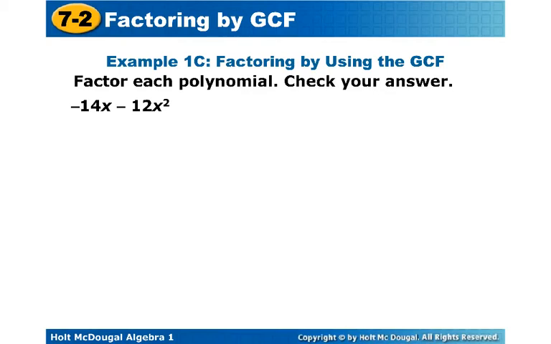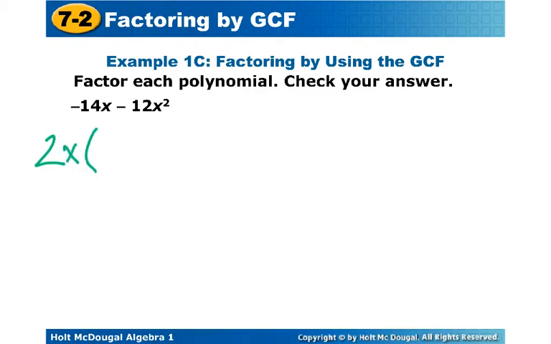I know with 12, 4 can go into it, but it can't go into 14. I know 3, but it can't go into 14. So that means I'm going to have to start out with 2. And then looking at your x values, or your variable terms, you have x and x squared. So I'm going to have to take an x out of both of them.